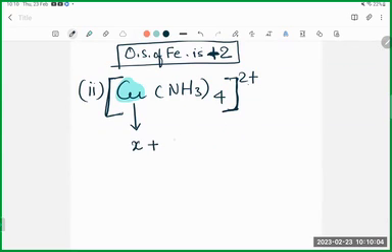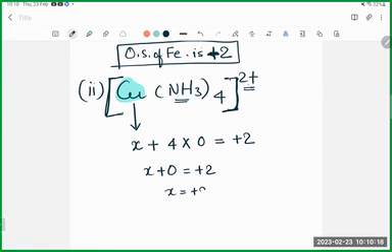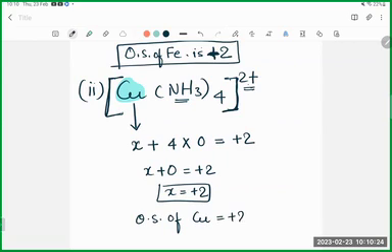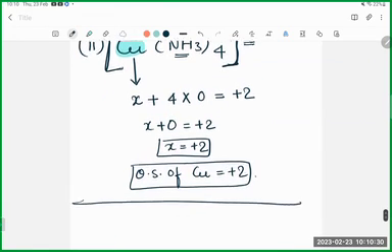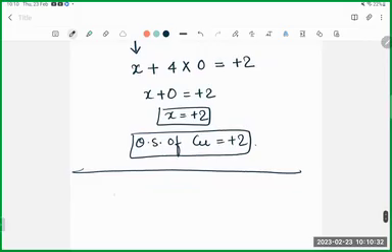How many do we have in total? 4. But ammonia is neutral, so 0. And the entity equals +2. So x plus 0 equals +2. What is the oxidation state? +2. So the oxidation state of copper is +2. Did you understand? Yes. Okay, the rest you will calculate by yourself.